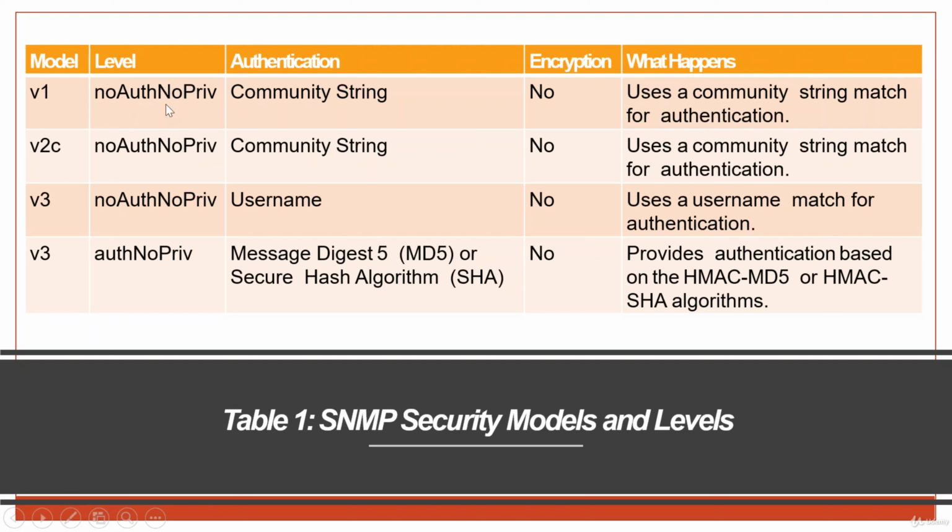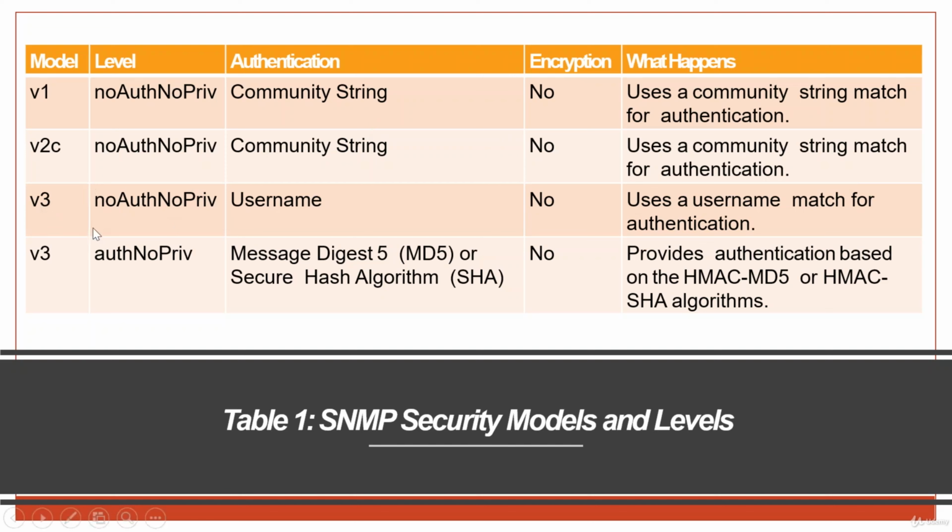I told you that community is itself a type of string, or you can think of it as a password, just to do the authentication. It's not exact authentication like MD5 or SHA that we learned inside various other protocols like IPSec. Still, you can think that community is a password, an authentication way of protection between the agent and the manager.